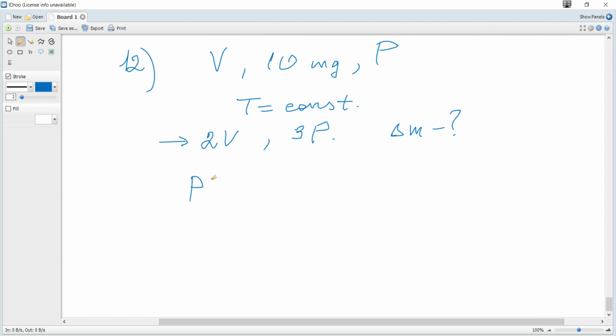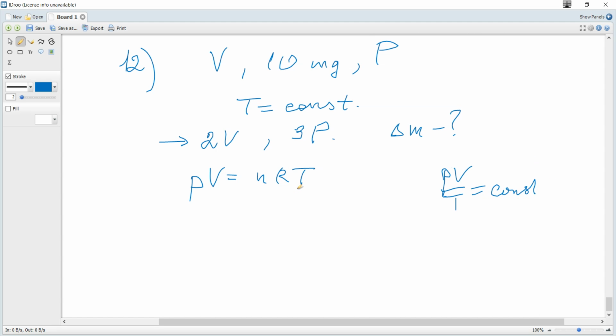So the general formula is PV equals nRT, where n is the number of moles. And notice that if the mass of gas is constant, and you do something with the gas, you may use PV over T is constant. But here it's not true because the mass is not constant.